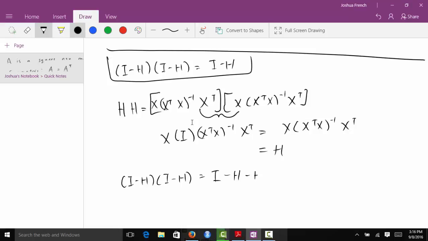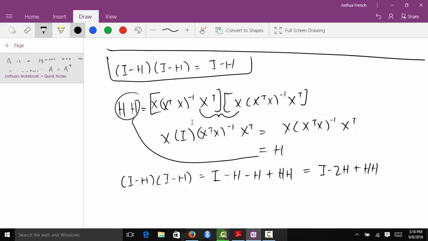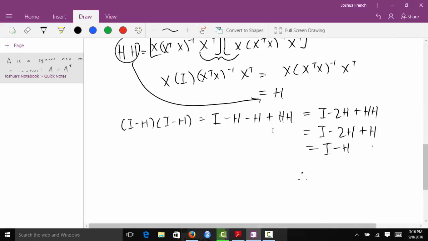I'm going to get a minus H plus H times H. And this becomes I minus 2H plus H times H. But since we've shown that H times H is equal to H, by substitution we get I minus 2H plus H. We have minus 2H plus H, so we have I minus H. And so we've shown that I minus H times I minus H equals I minus H, which means that, therefore, I minus H is idempotent. Okay, so we've shown what we needed to show, and hopefully you are successful in doing the same thing.